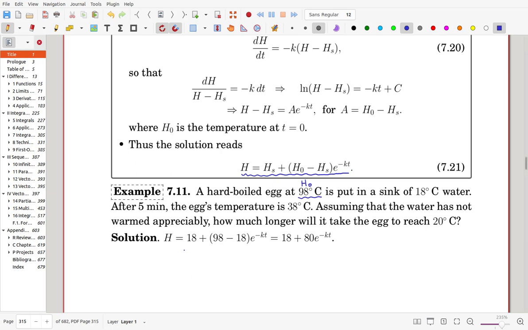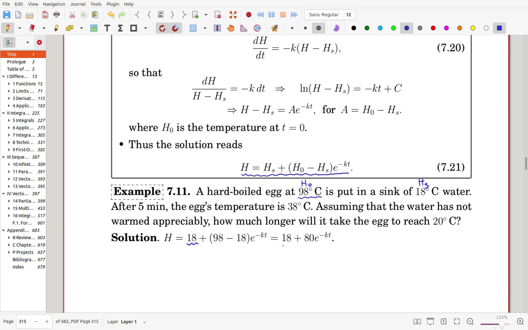So here the surrounding temperature is 18. Following this solution, it is 18 plus H0 minus Hs, 98 minus 18, that is 80, times e to the minus kt.